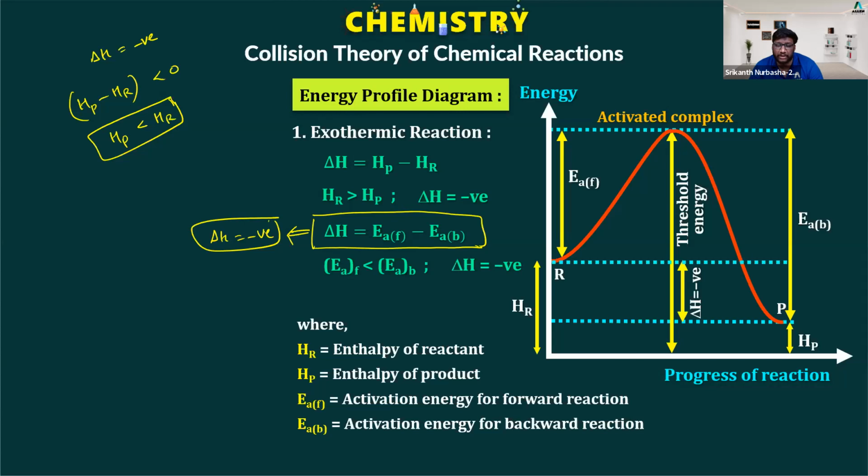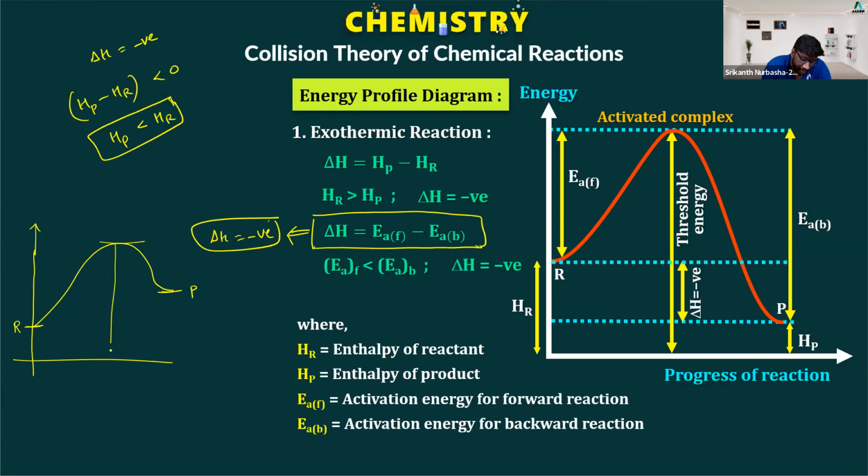Now let us look at an endothermic reaction. Endothermic reaction means what type of graph will you be expecting? You will be expecting a graph where the reactants are somewhere here and the products will have higher energy when compared to reactants. Somewhere here we have products.